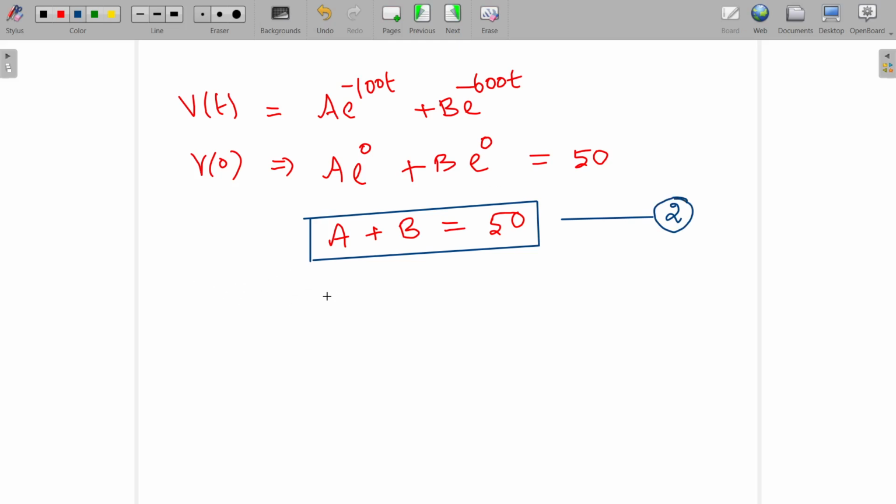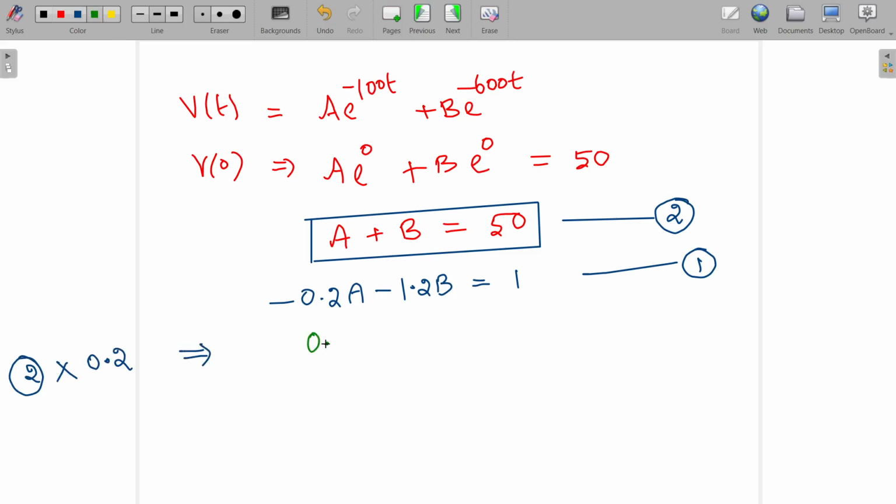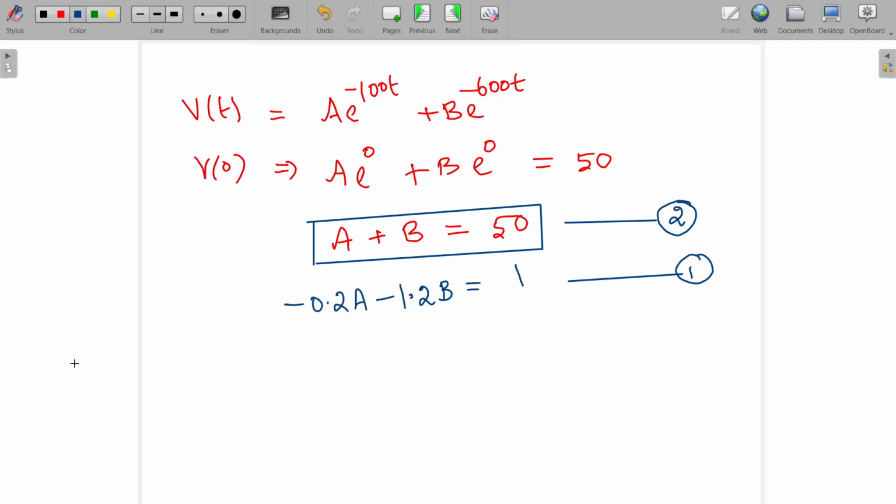Already we have got equation number 1, isn't it? It is minus 0.2A minus 1.2B equal to 1. This is equation number 1. Now multiply equation number 2 by 0.2, so that we get 0.2A plus 0.2B equal to 10.